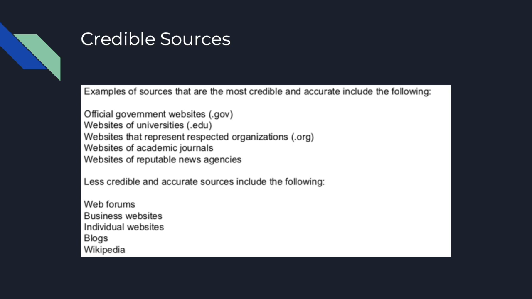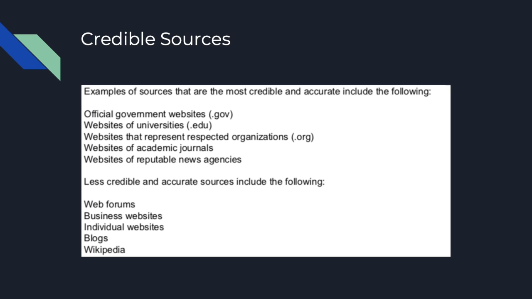So here is a list of different sources that are very credible, including official government websites that have the .gov ending, university websites that have the .edu, websites that represent specific organizations, .org, and then academic journals or reputable news agencies. And notice that less credible sites include web forums, business websites, blogs, and especially Wikipedia.